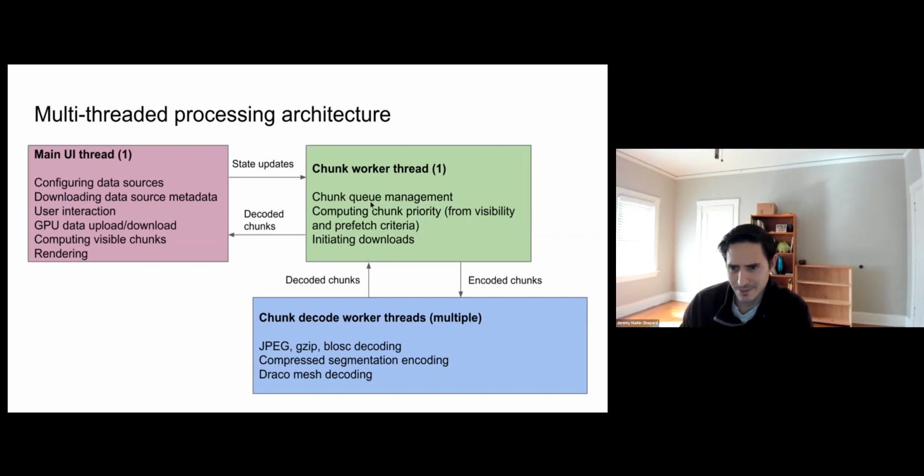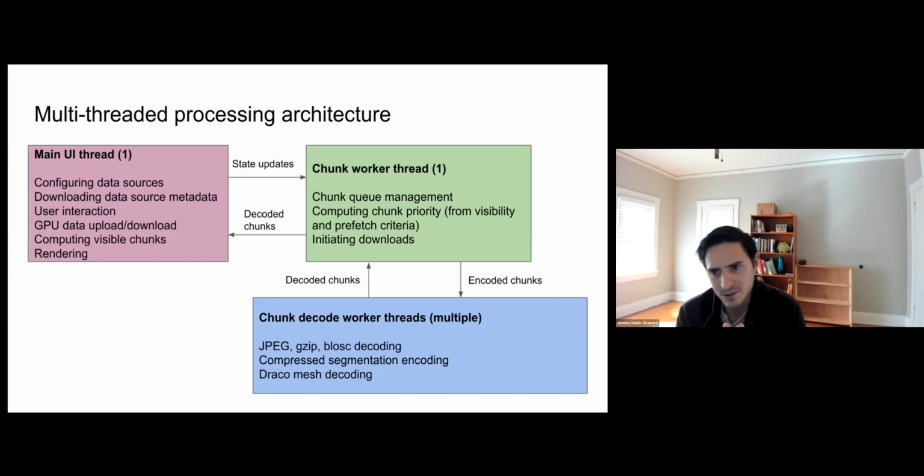Originally there was just a single main UI thread and a single chunk worker thread. But then it became clear that this chunk worker thread was getting bogged down by expensive decoding, like decoding JPEG formats, decoding other compressed formats, and decoding meshes. And so we added this additional pool of threads specifically for decoding chunk data.